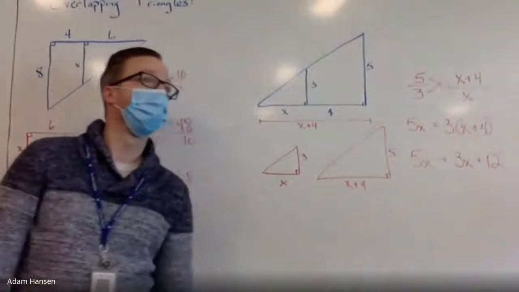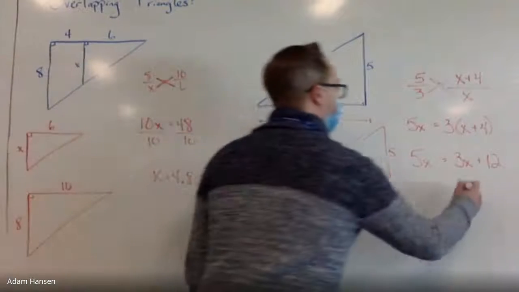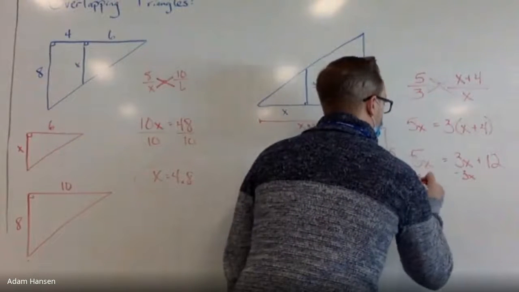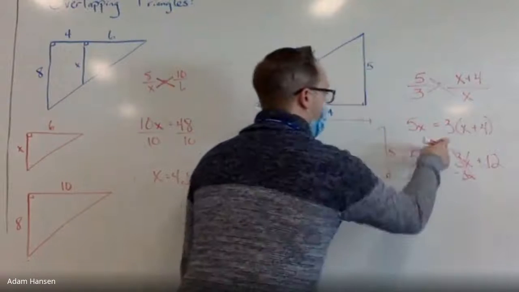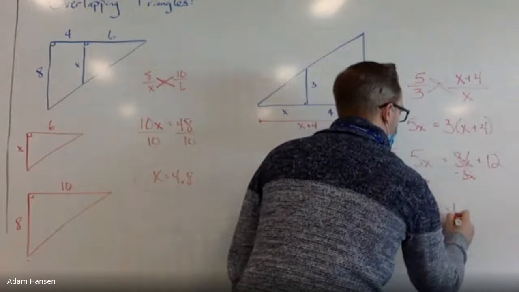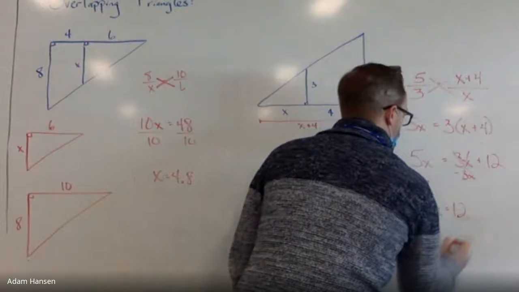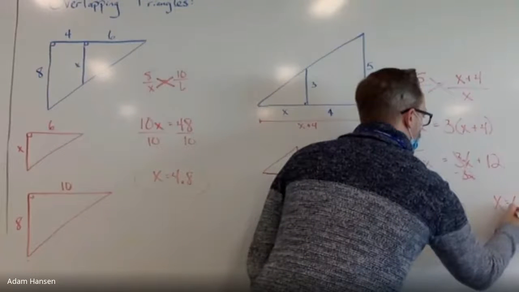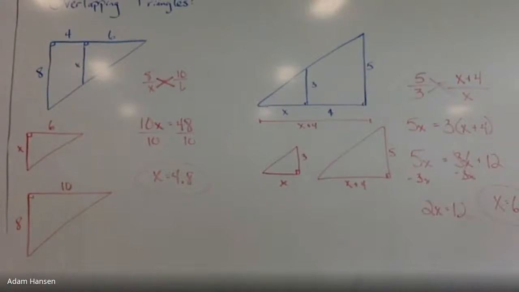What's next? Subtract 3x from both sides. 5x minus 3x is 2x. All I have is 12 on the other. Divide by 2 and x is 6.